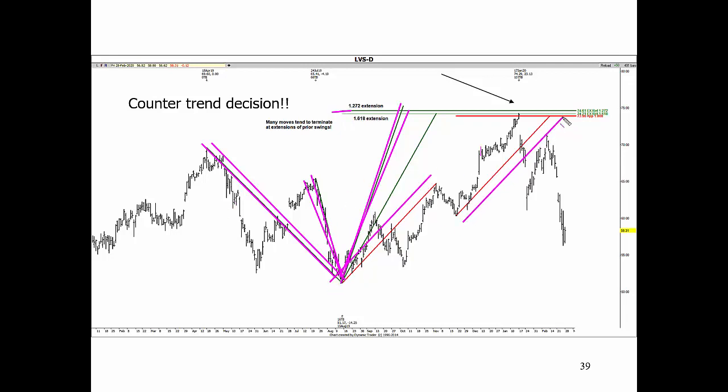And I also found some symmetry here. And this is where we ended up with a cluster at 73.90 to 74.61, and hasn't looked back yet. Counter trend trades are not for everybody, but if you're okay with them, you can look at some of those too.